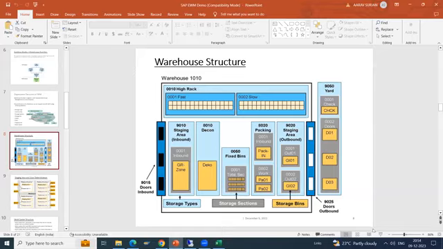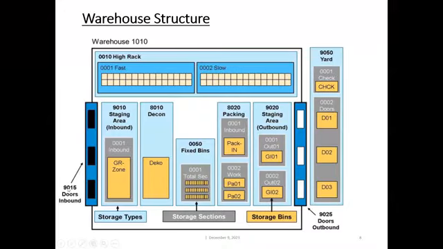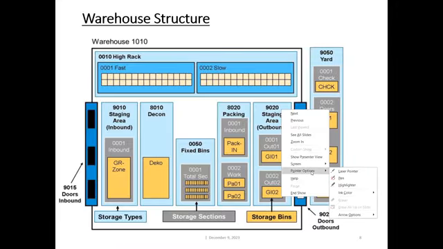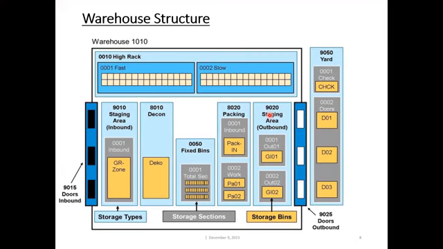So in this structure, you have a door with a storage type, you unload the product in the staging area, and this one is your bins, where you actually store the product. In the outbound, you withdraw from the bin and move it to the outbound staging area, where the outbound truck will be standing and you will load into the truck. Outbound means anything going out of the warehouse. Inbound means anything coming into the warehouse.